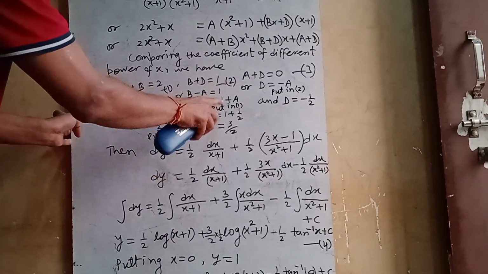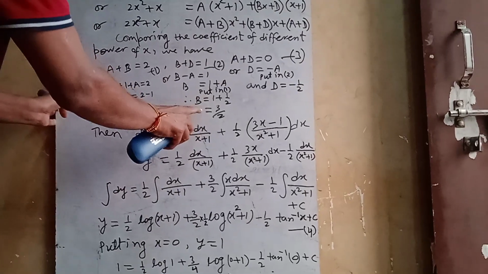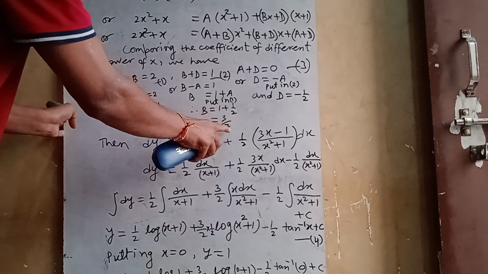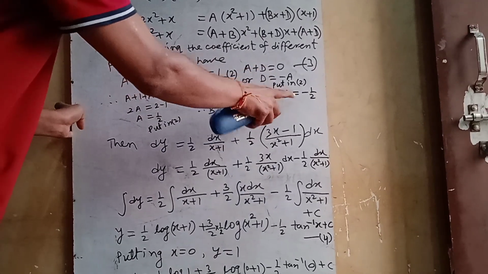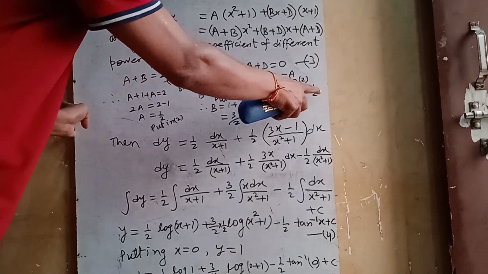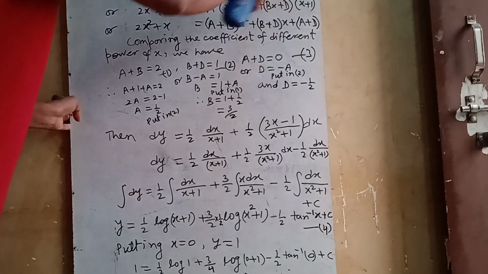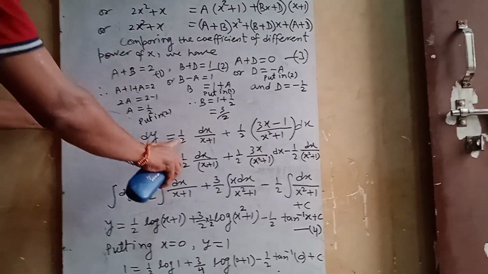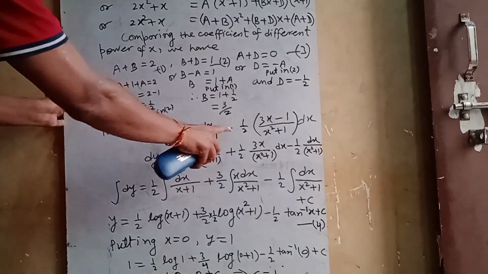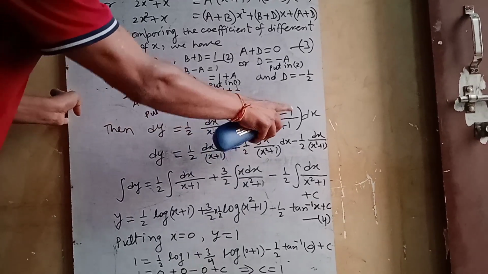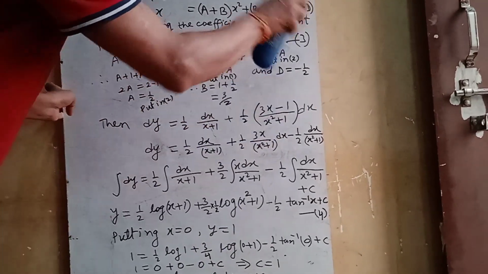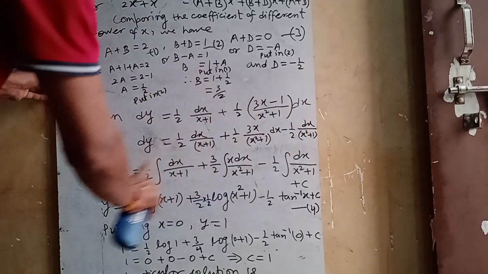Putting it in 2, we get the value of b equals 3 by 2, and the value of d becomes minus 1 upon 2. On substituting in this, we have dy equals half dx upon x plus 1 plus half 3x minus 1 upon x square plus 1 dx, as follows.